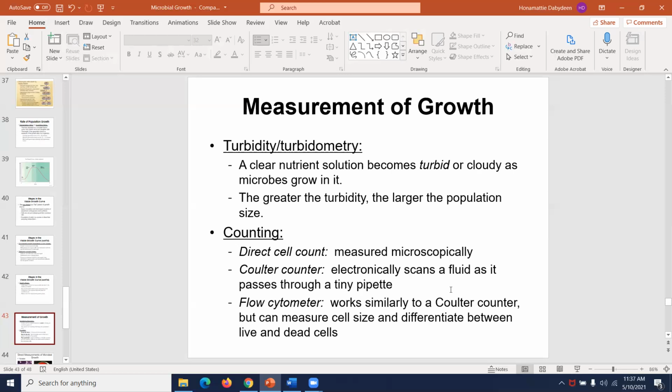Or we can use something called a Coulter counter, which will electronically scan a fluid for these tiny particles. I'm not going to go through how that works, but we can do that for red cells too. Flow cytometry will also help you do some direct counting.